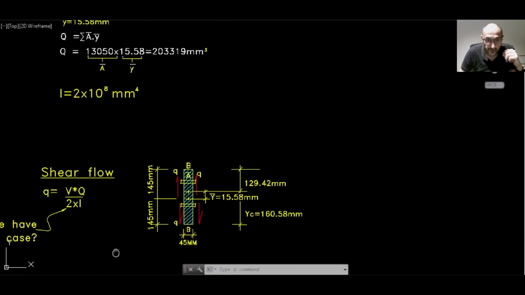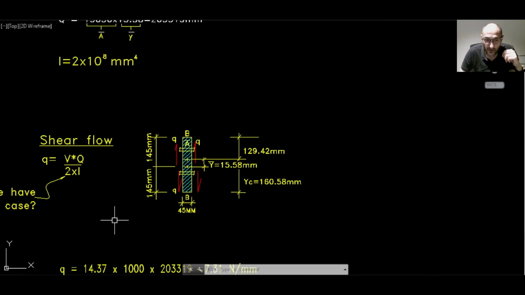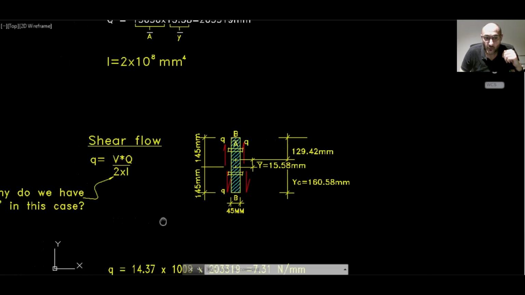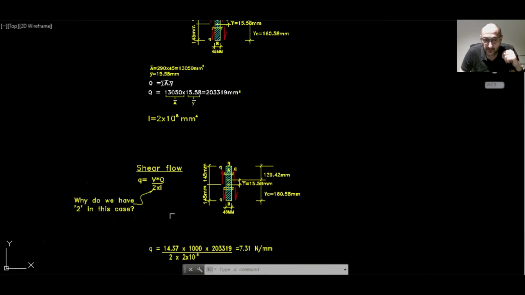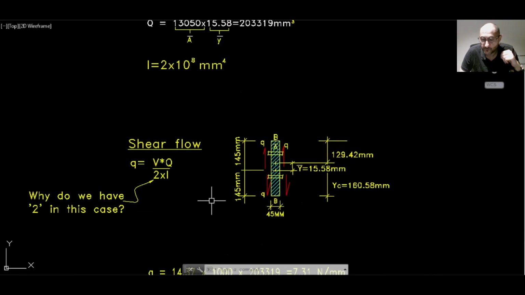Now, the shear flow, VQ over I, we now have multiplied this base here by 2. Why do you think we've done that? Because we have 2 shear planes now. So we're basically distributing the shear flow onto 2 shear planes.